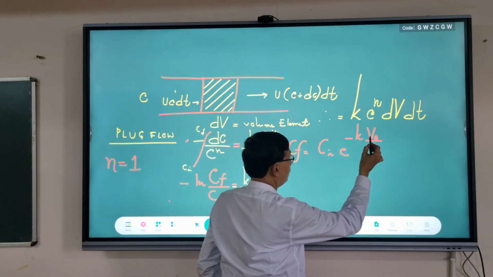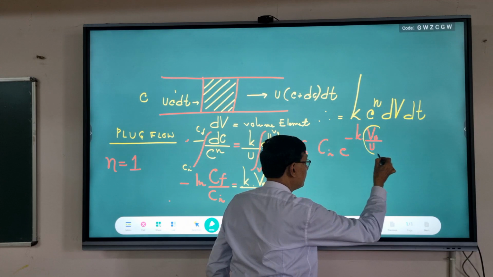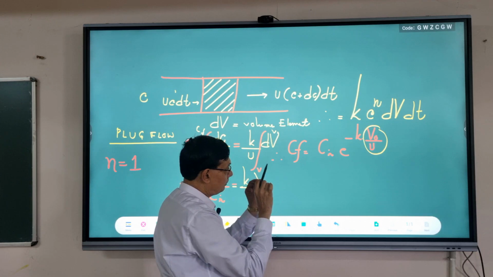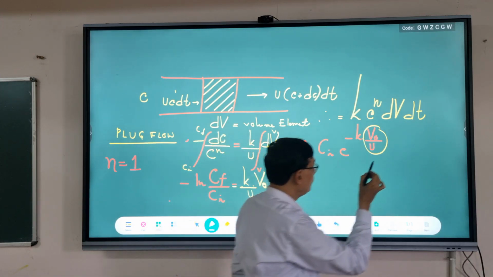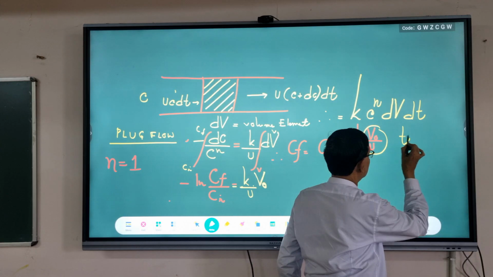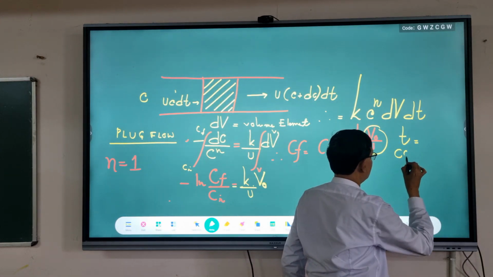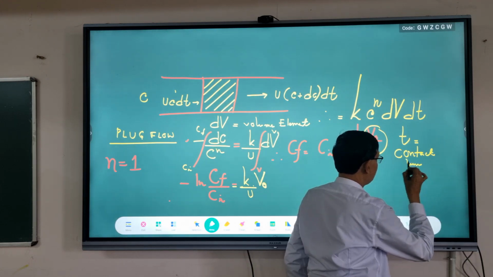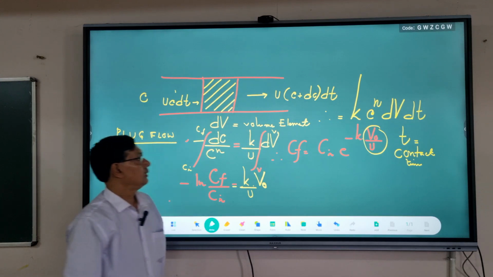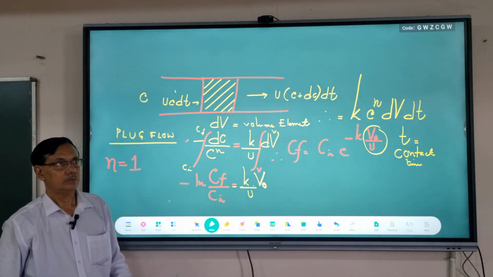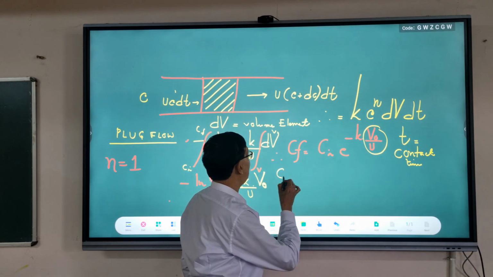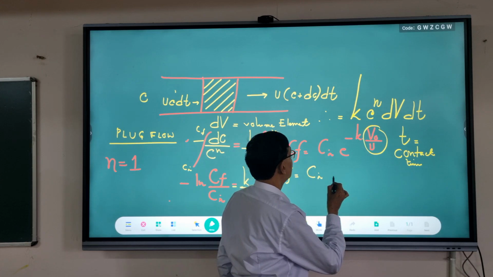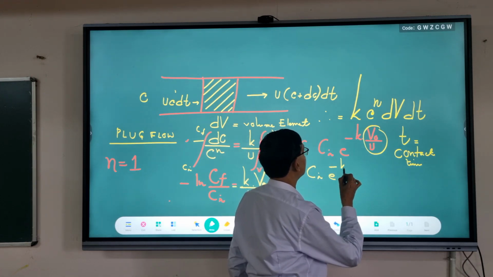Now, of course, there is a term, this volume element V0 over the rate of change of volume. You can write it as t. That is called the contact time. Therefore, this equation can be modified as Cf is equal to Ci exponential minus k t, whatever the rate constant.